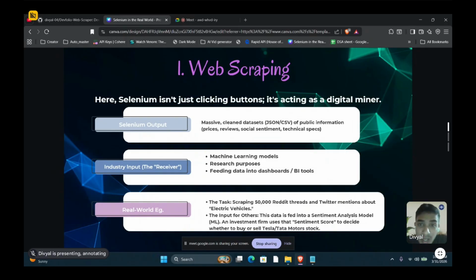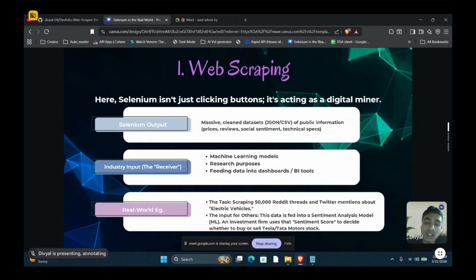So first thing is web scraping, which some people might already know about. In this, we'll see two ways. So what is the output generated by Selenium, in which industry it acts as an input, and a real life example for the same. In this case, we scrape data from the internet. The data which we extract is not usually clean, but the data which is extracted is clean and structured, and it can be used in multiple ways.